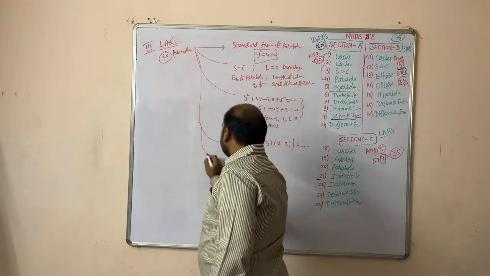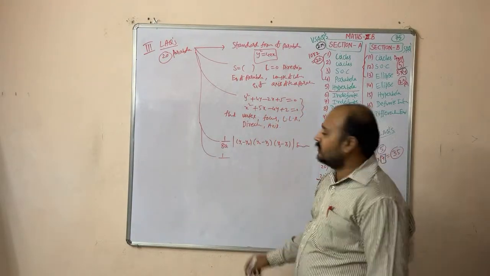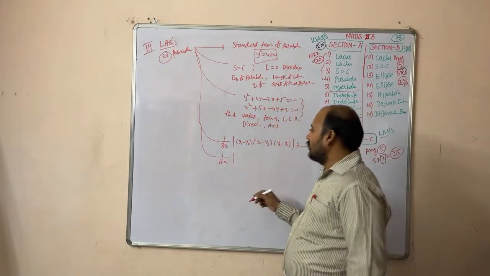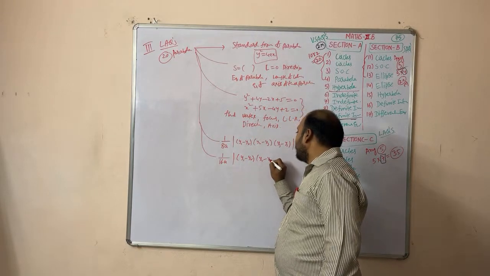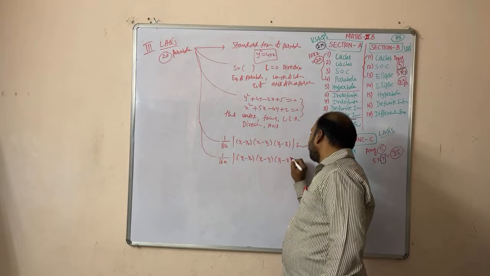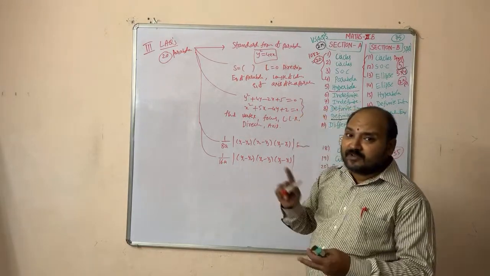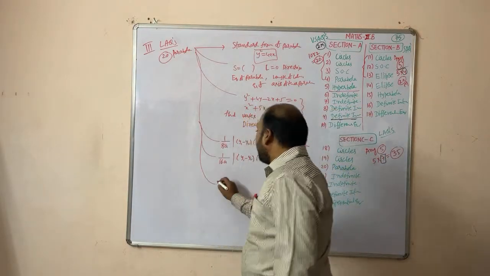One more example: find the area of the triangle formed by the tangents, the point of intersection of the tangents to the parabola. Recently I kept it in the playlist, dear students, once you go through it.